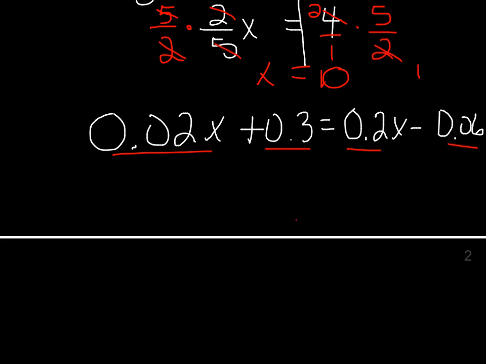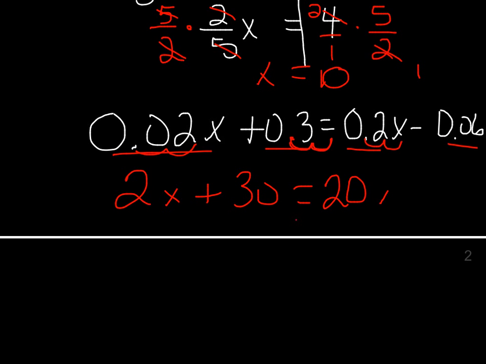So let's multiply everything by 100, or move the decimal point to the right twice on all of them. So this would become 2x. This one would become 30, because we'd have to move it over twice. This one would become 20x, and this one would become minus 6.